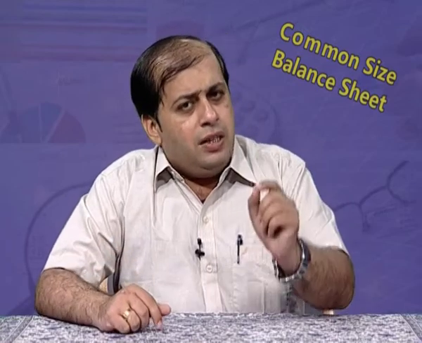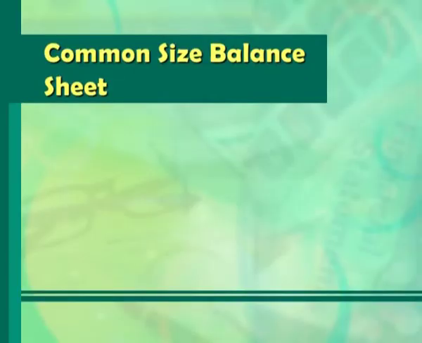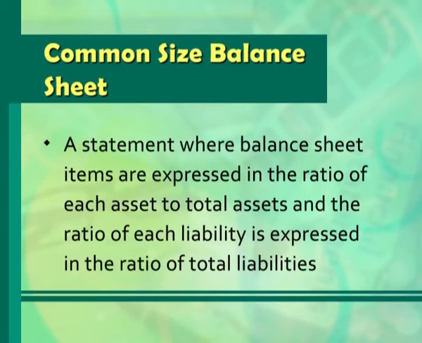Now, let us take our discussion towards common size balance sheet. Students, a statement where balance sheet items are expressed in the ratio of each asset to the total assets and the ratio of each liability is expressed in the ratio of total liabilities is called common size balance sheet.